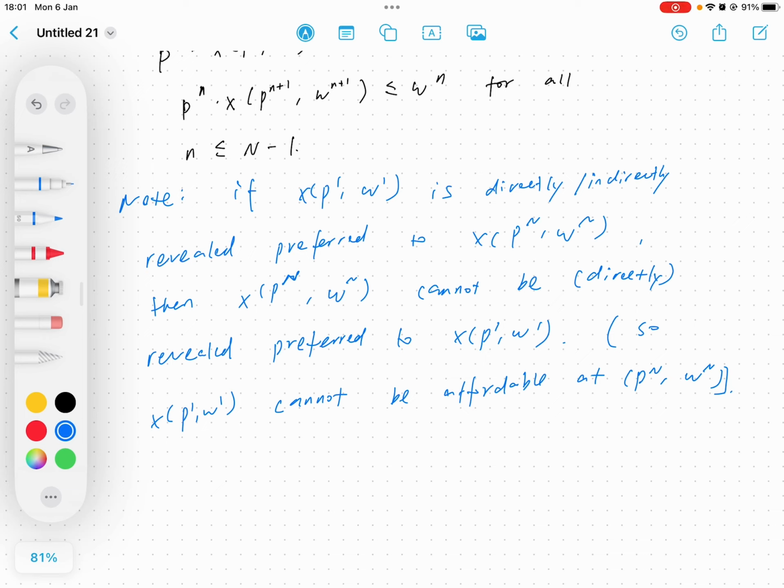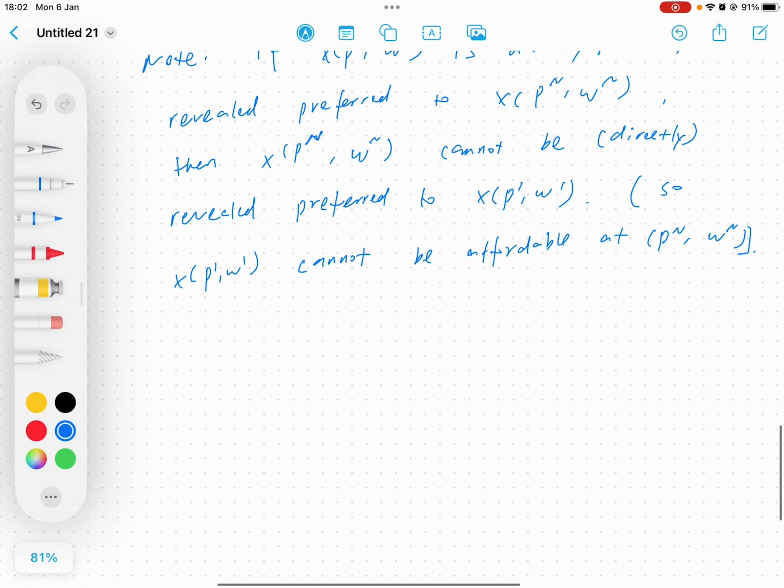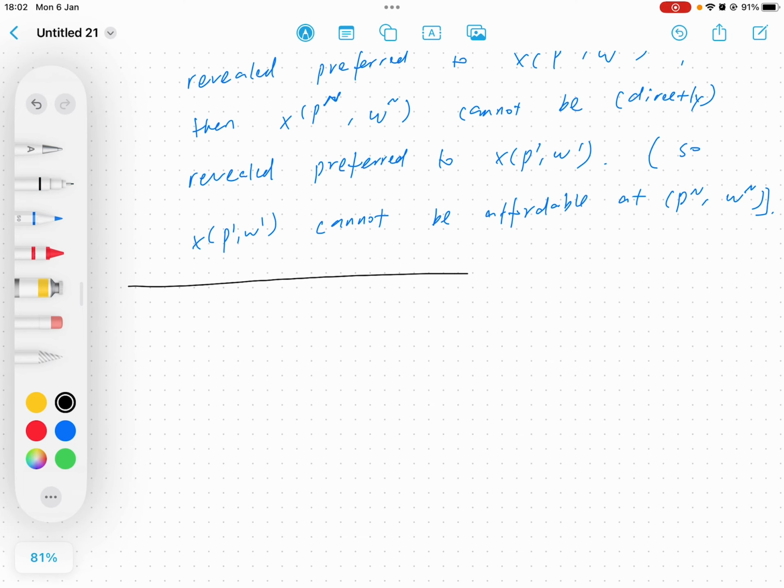And then we're going to introduce this proposition 3.J.1, and that will be used for us to establish this SARP, the strong version of the revealed preference axiom, and relate that to a rational preference. So this goes to the proposition in 3.J.1.